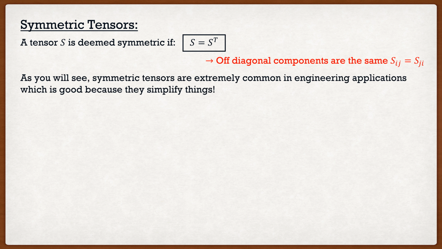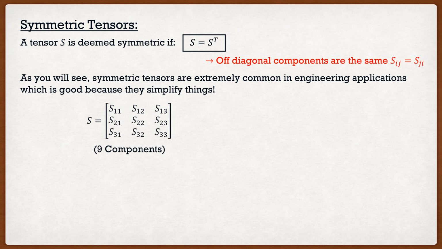And as I was saying, this is actually a very good thing. In engineering applications, most of what we deal with is going to be symmetric tensors. And this is nice because it simplifies things. So you may say, Clayton, how exactly does it simplify things? Well, let's look at a tensor S, which is 3 by 3. We see that it has 9 components, S11, S12, S13, etc. However, if it is symmetric, those off-diagonal components are going to be the same.